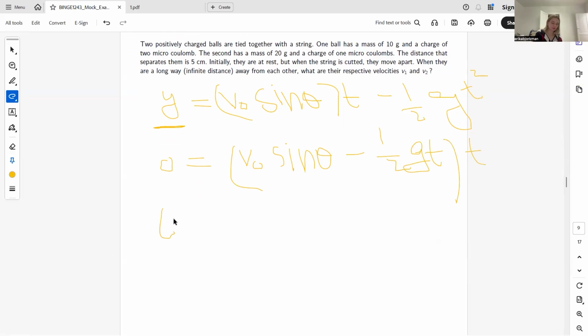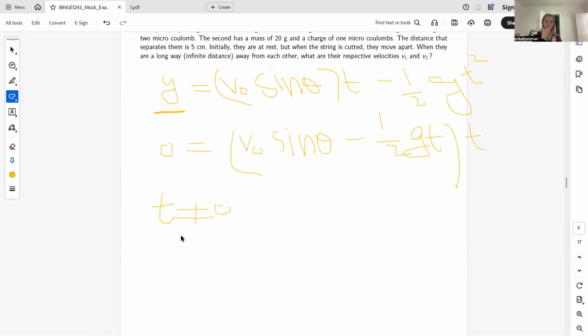So t cannot be equal to 0. It is a time of flight, because initially time can be 0, but during flight it cannot be 0, because during its motion it is taking time. It will have some value. So if t is not equal to 0, then this term can be equal to 0, so we are putting it equal to 0.